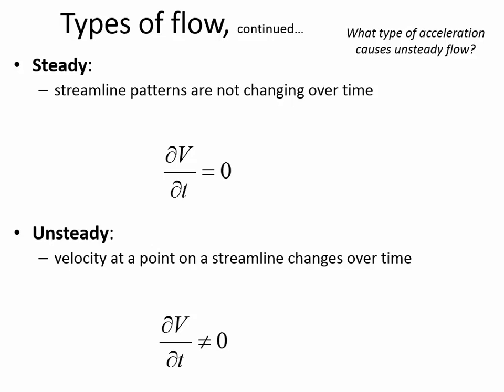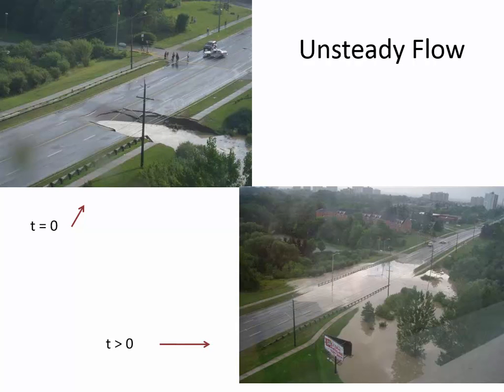Local, right. So here's an example of unsteady flow, where at time equals 0, meaning at some certain time when we start measuring, there's water going underneath the road. There was a culvert under this road, but there were some problems with it, and there was scour of the soil around the culvert.